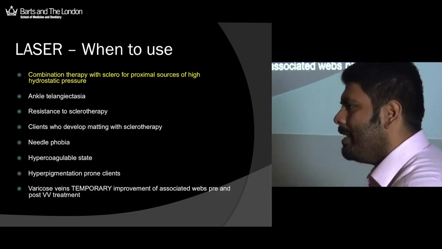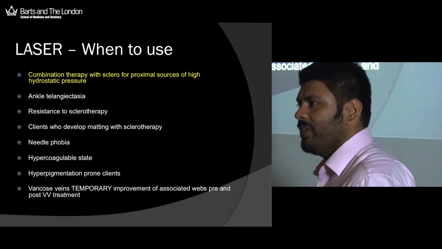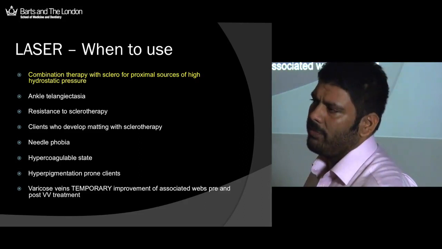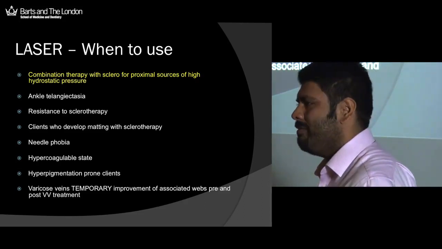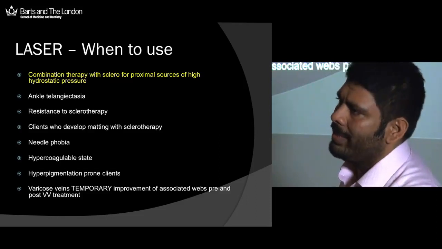However, one of the problems is that conventional vascular lasers that we use, for example, for facial telangiectasia, between the 400 and 600 nanometer wavelength range, penetrate very poorly in the leg.